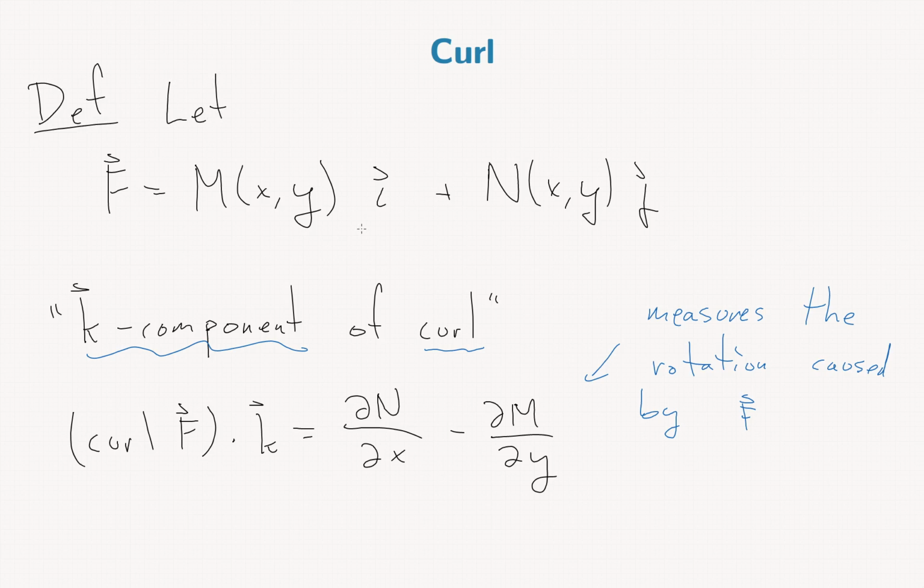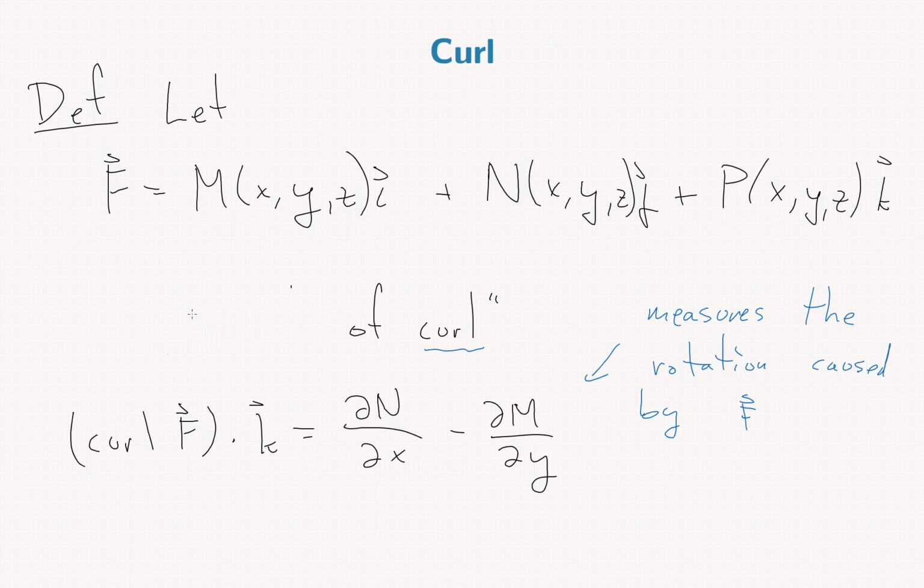So, definition: let F = M(x,y,z) i + N(x,y,z) j + P(x,y,z) k be a vector field in R3, and again we'll assume that these functions are reasonable.